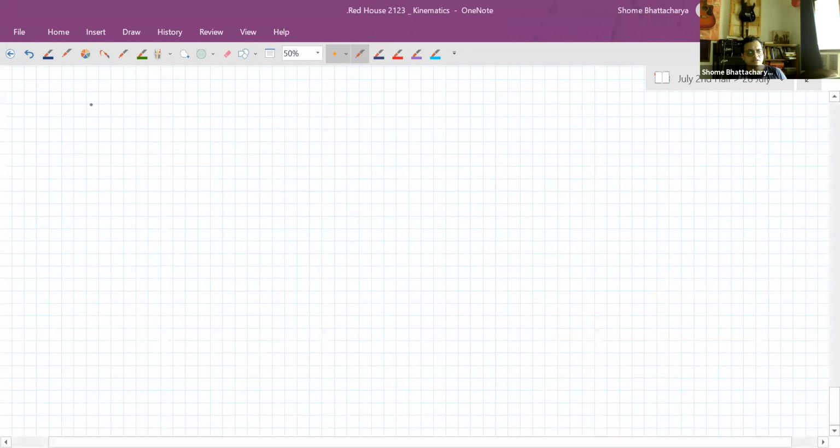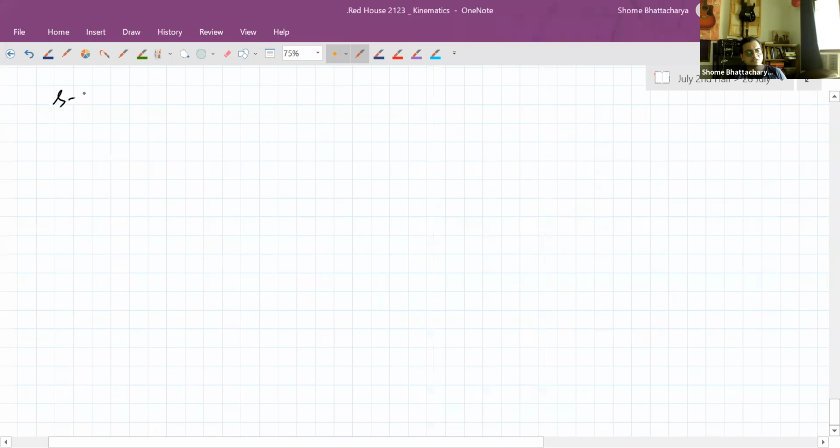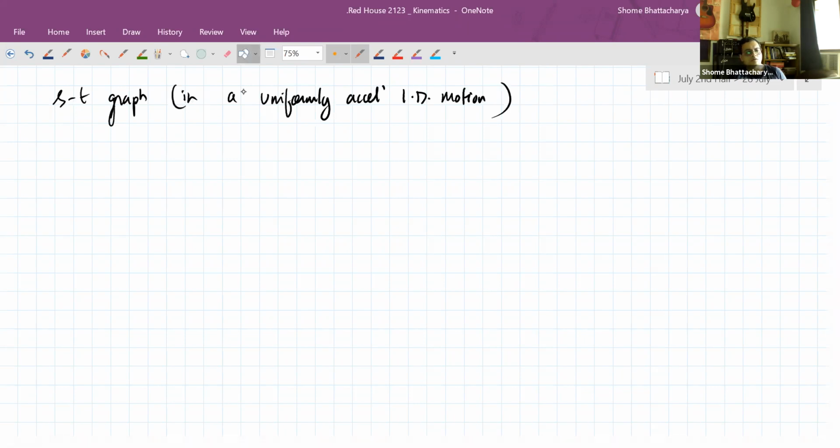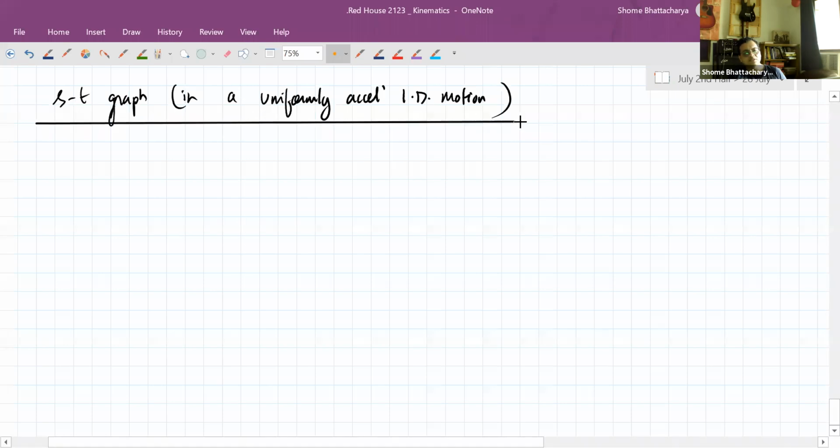Now we move on to the next thing in terms of graph. You will see the displacement versus time graph in a uniformly accelerated one-dimensional motion. We know that the relationship between displacement and time is given by S equals ut plus half at square.